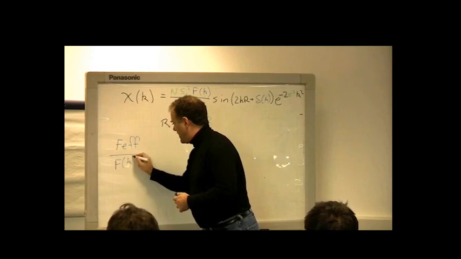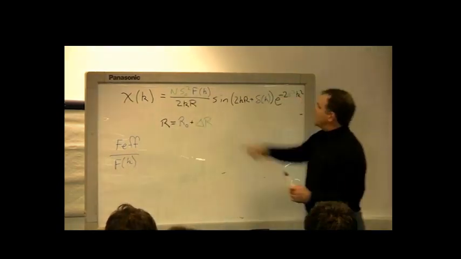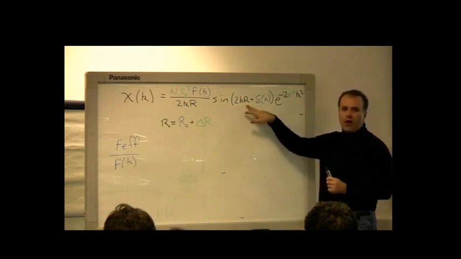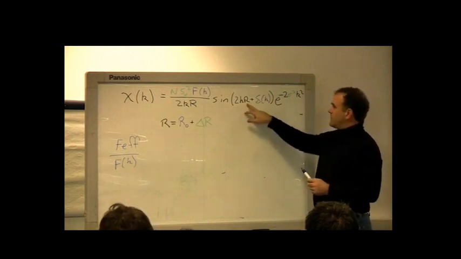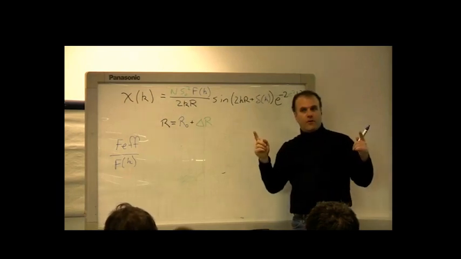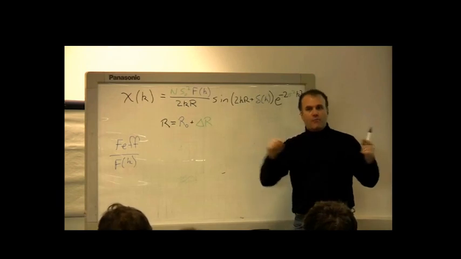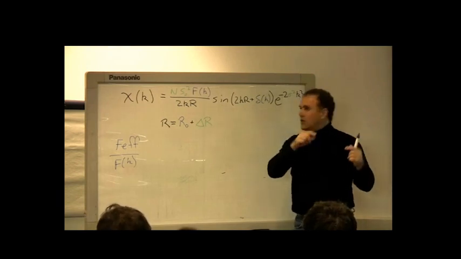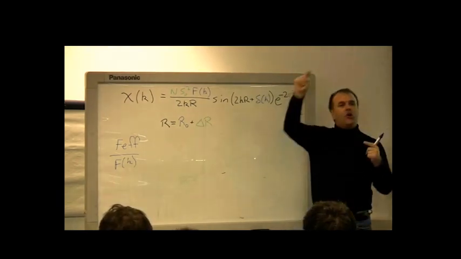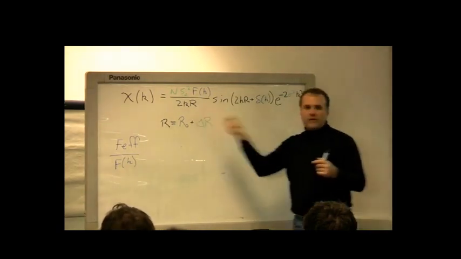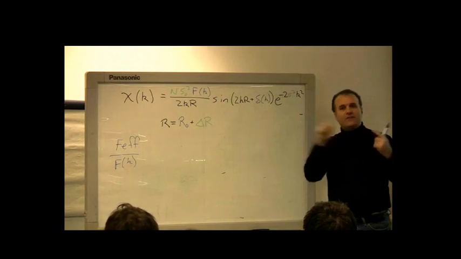Then we have the sinusoidal term. It oscillates as 2kr, where r is the distance between the absorber and the scatterer for a single scattering path, or for a multiple scattering path, 2r is the total path length. So this r is something about the distance that the photoelectron travels.